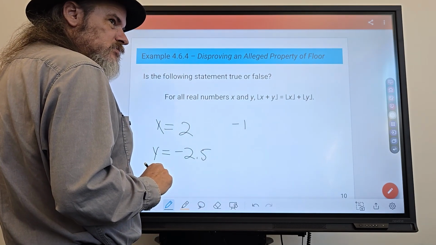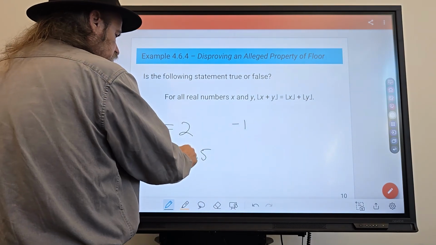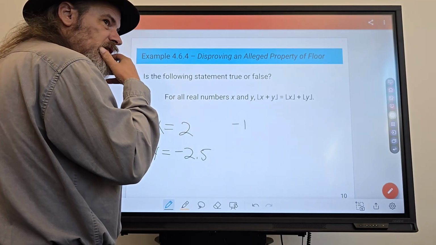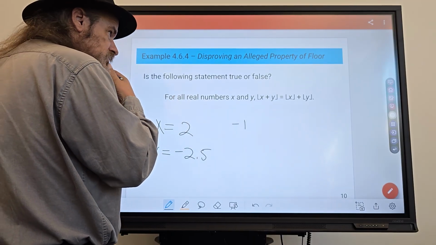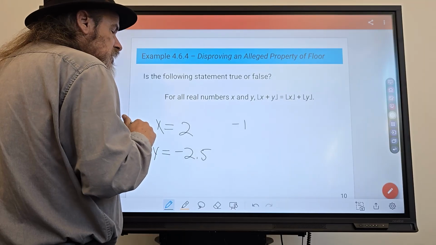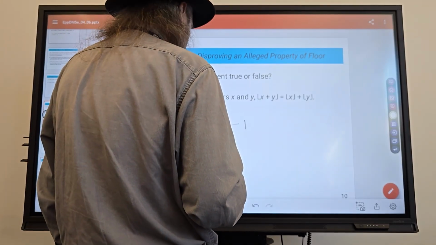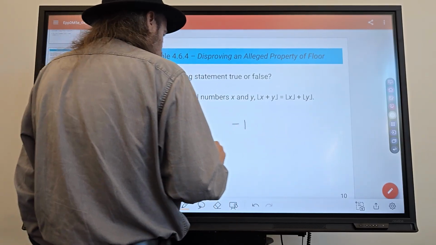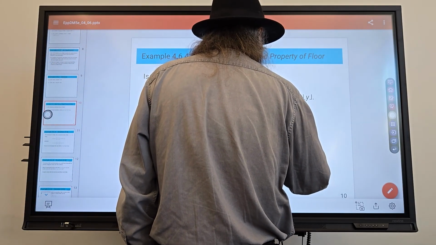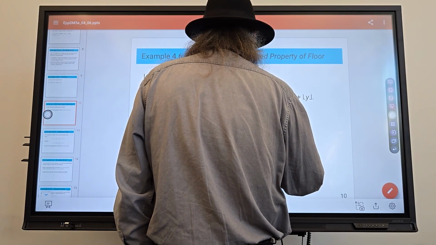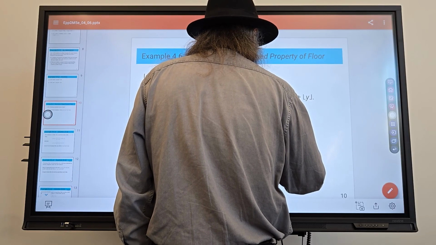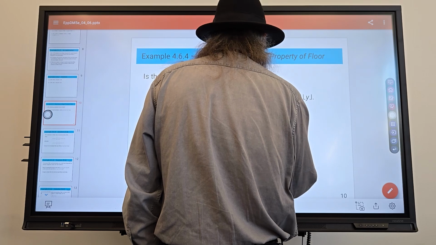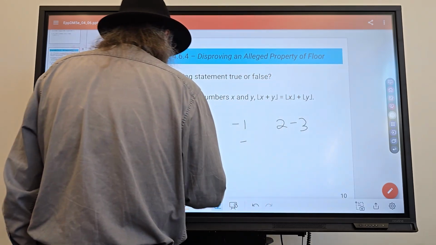You see how I got that? So 2 minus 2.5 is minus 0.5, and the floor of that is -1. And then it would be 2 minus 3. Yeah, that would be -1. So that wouldn't be a good counterexample.